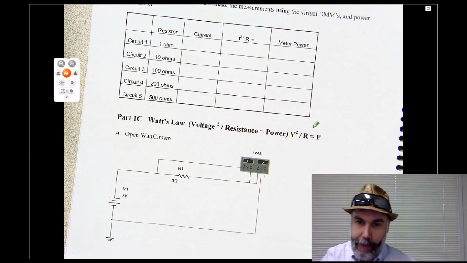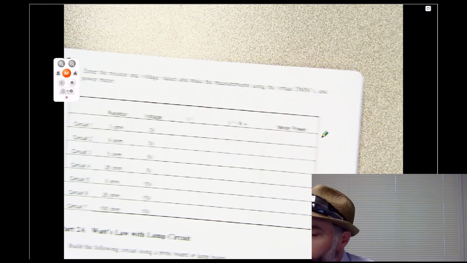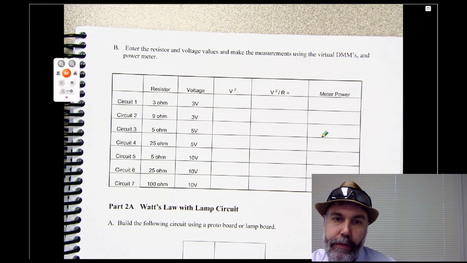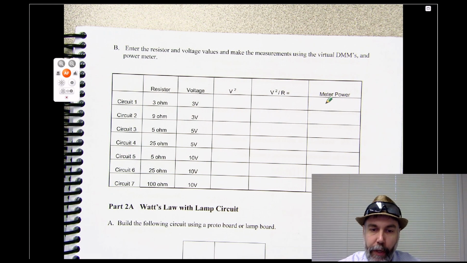But here you're going to look at the V squared divided by R form of Watt's law. So you'll write down V squared, you'll write down your V squared over R, and then you'll compare that to the meter power. Okay?